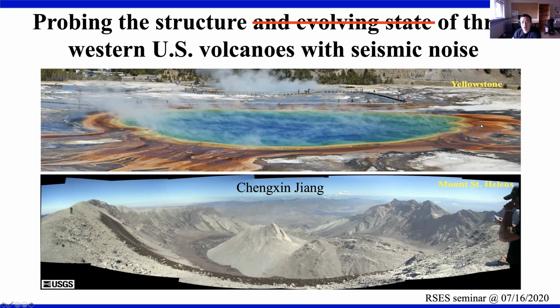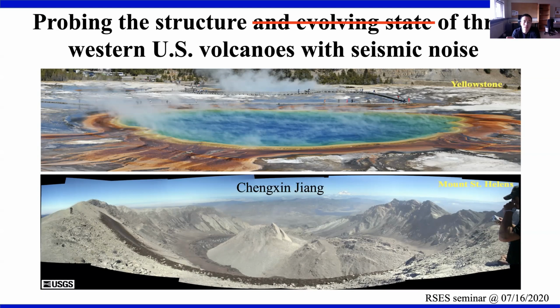Here, the 2 photos show 2 of them: Yellowstone and Mount St. Helens. I think these 2 pictures illustrate pretty well why people are interested in studying them. Most of the audience, I bet, have been to Yellowstone. When you are driving into this national park, you wonder how this beautiful scenery is created, right?